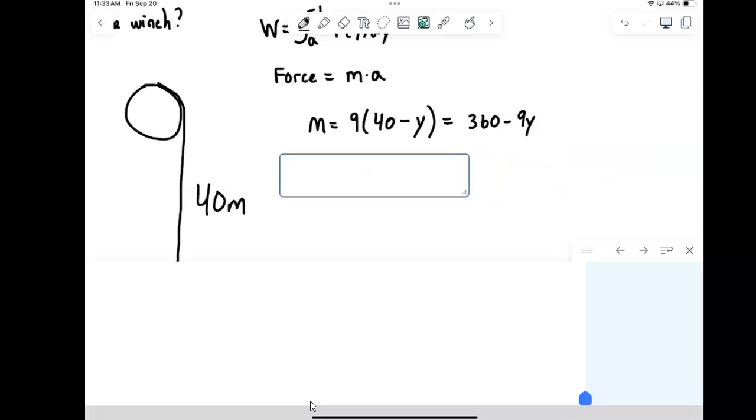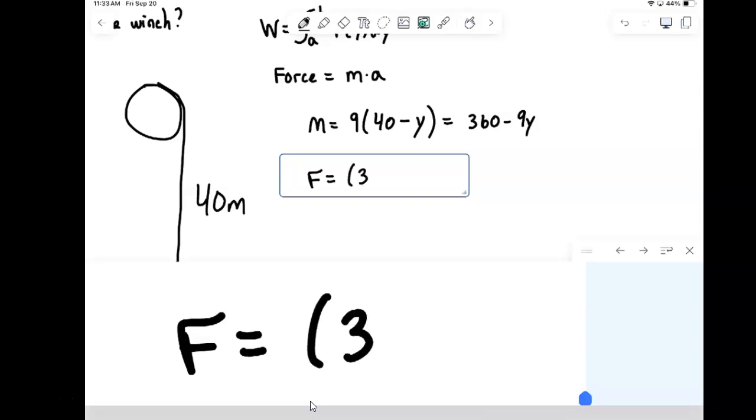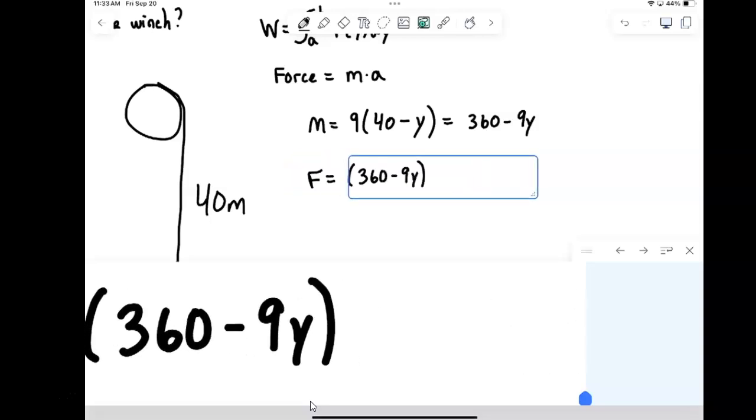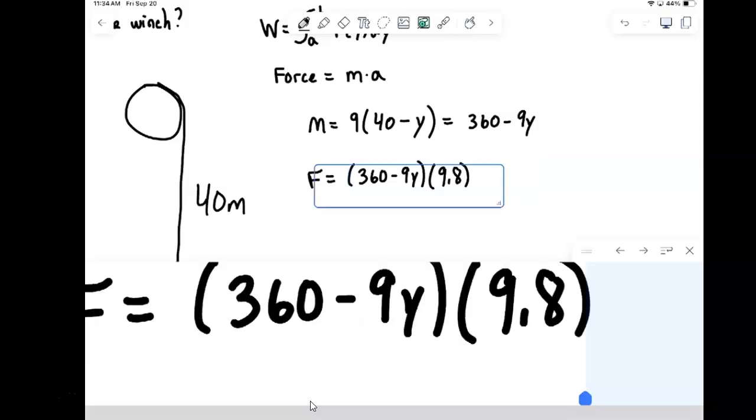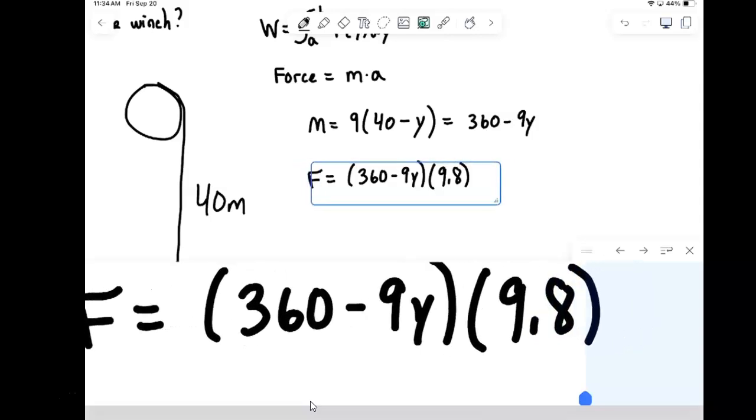And then the force that we need is just the mass times the acceleration. So 360 minus 9y times 9.8 meters per second squared. Or you can just call that g for the moment, understanding that's a constant. So that's the force that we have to exert.